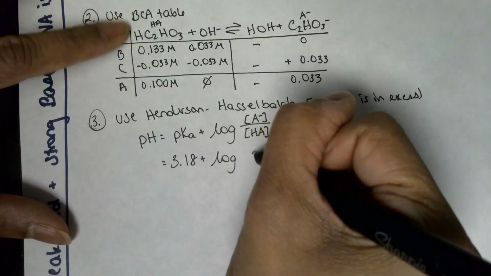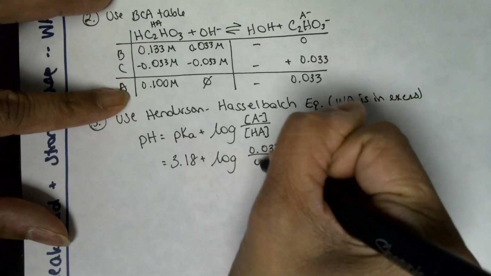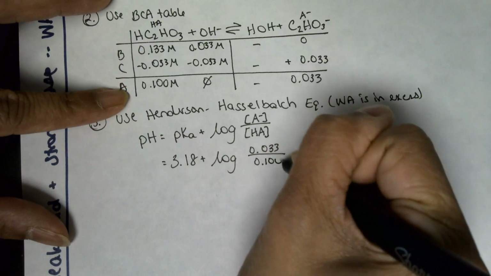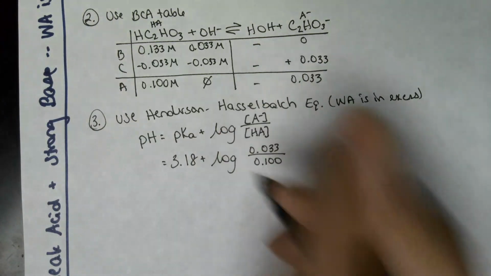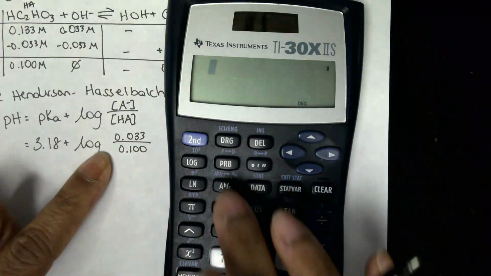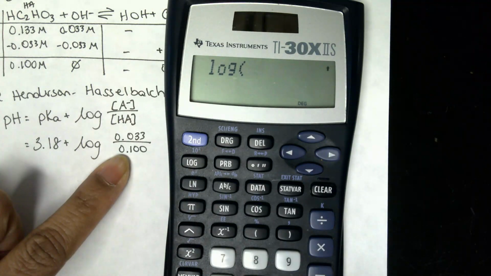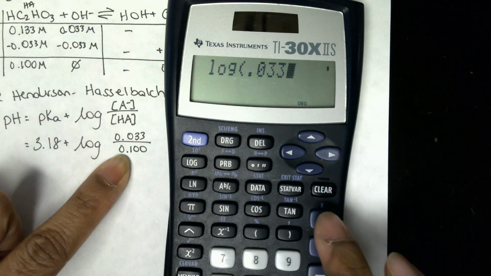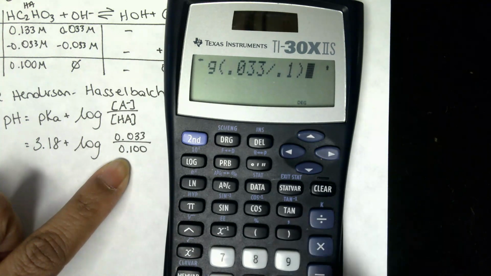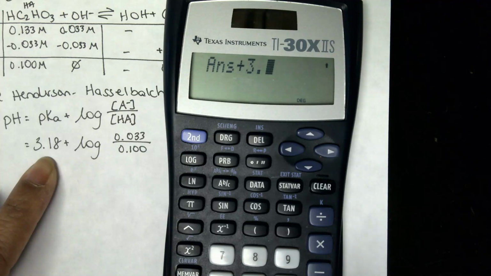So the log of 0.033 over 0.100. And remember, do the log part first and then add in your pKa. So I'm going to do log of 0.033 divided by 0.1 plus my pKa, 3.18.